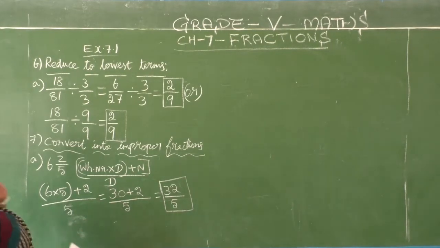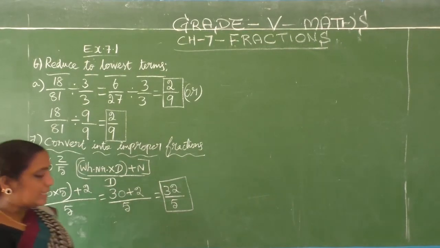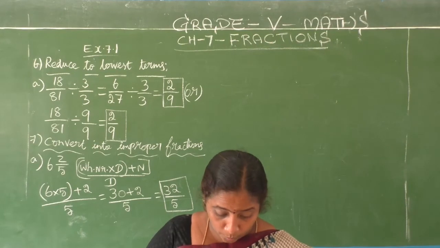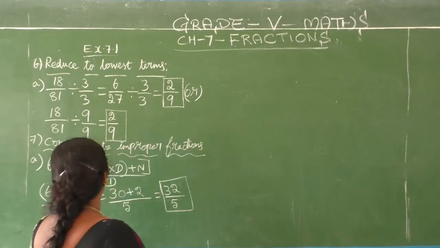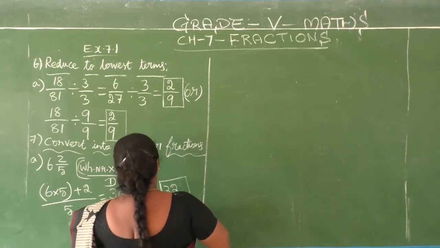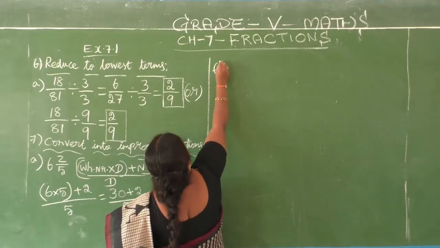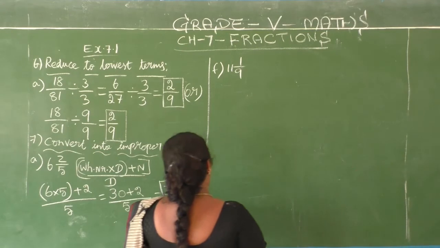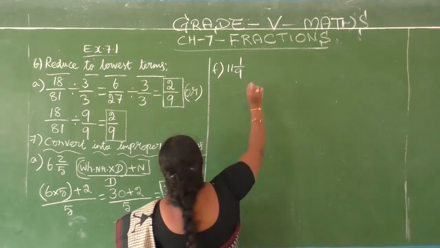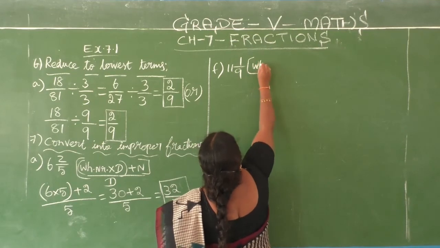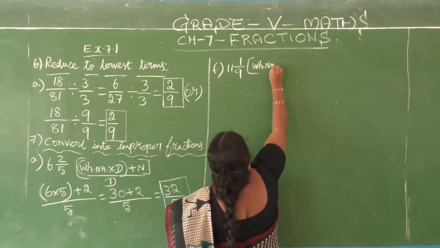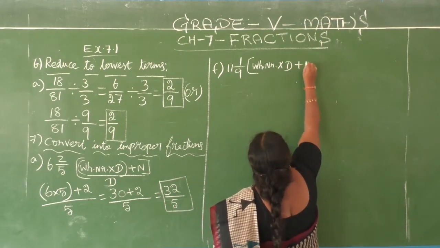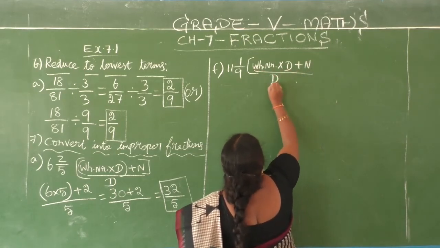So now we converted the mixed fraction into improper fraction. See, ma, in the 7th Roman also they gave 10 sums. So I will open one more sum. The next one I am doing is F, 11, 1 by 9. You have to write the formula. What is the formula? Whole number into denominator plus numerator, by denominator.